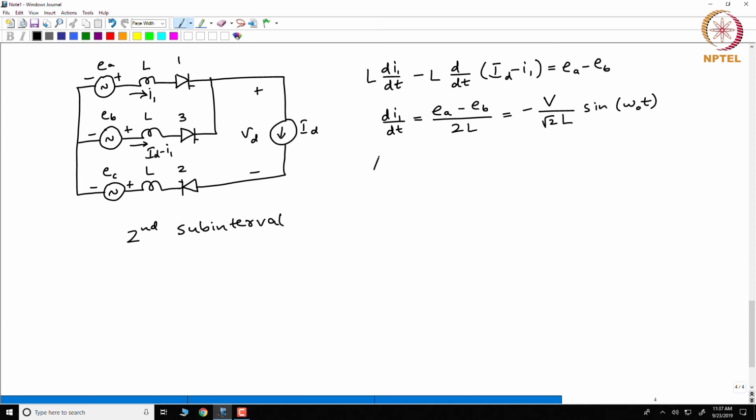Now, can I say what is A2 and what is U2? Of course, the size of A2 is 1 by 1, U2 is 1 by 1. So what is U2? Minus V by root 2 L sine omega ot, and A2 is 0.